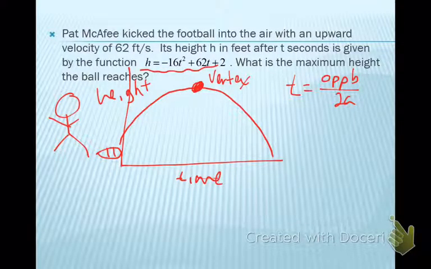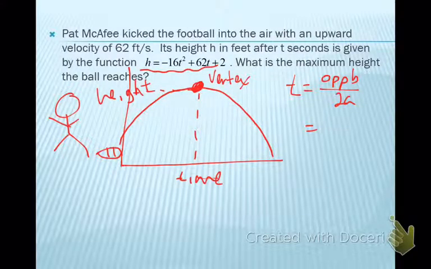So at some particular point in time, after Pat McAfee kicks the ball, it is going to reach its highest point. And that highest point will actually be the maximum height. So we got to find the t value, the time value, and we use the same formula that we did for the x when we were graphing.